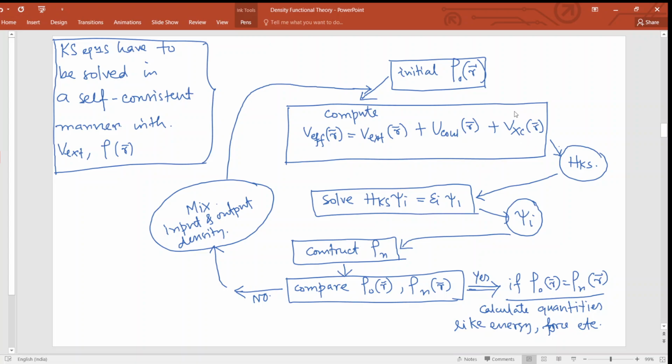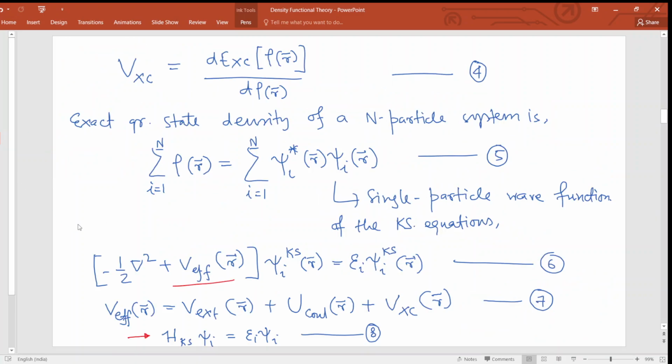So you have the choice of this third term, and that is what gives you the difference in results and the degree of agreement. Whatever it is, let's say you have taken one particular exchange correlation functional, you sum up all of these three terms, and then you can compute V effective, which is the total potential. You need V effective to solve this.